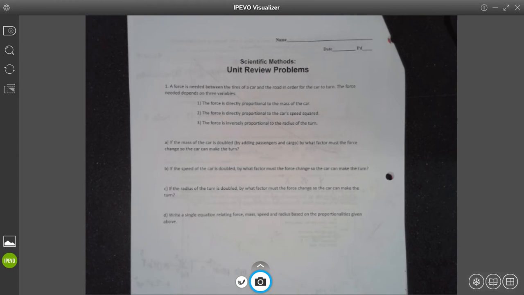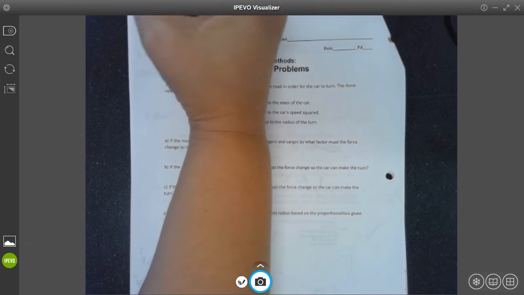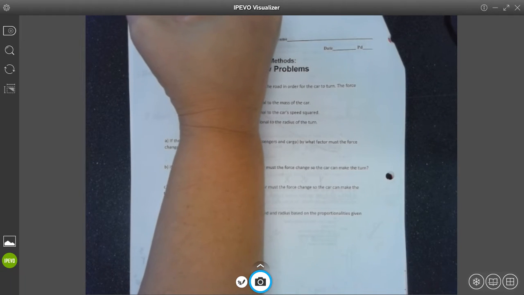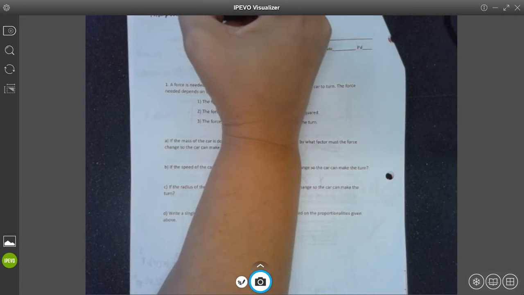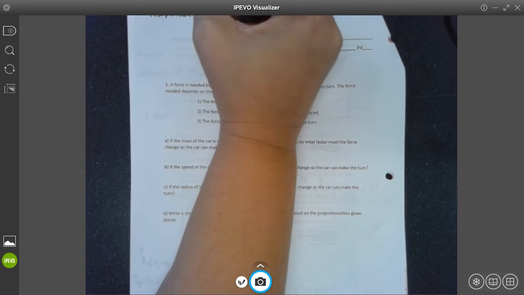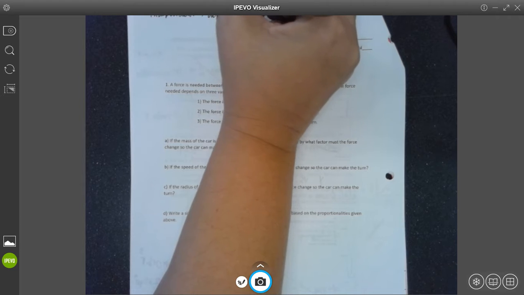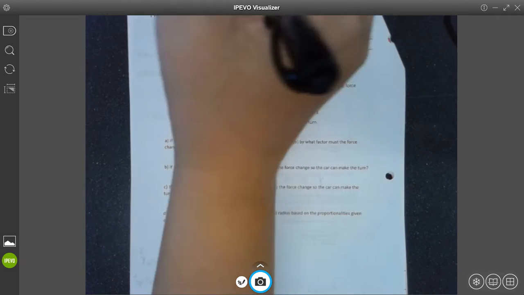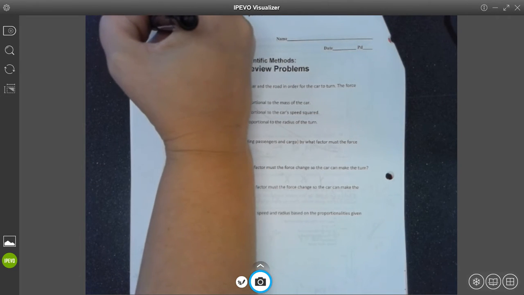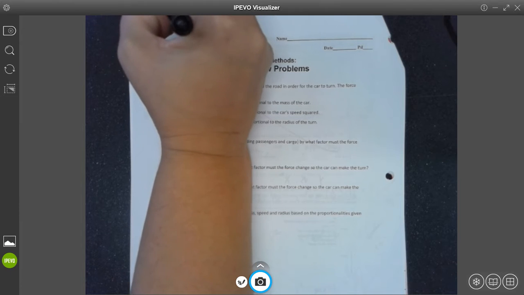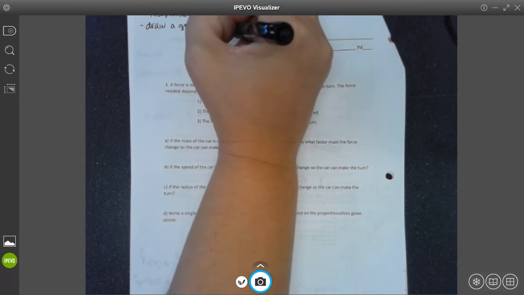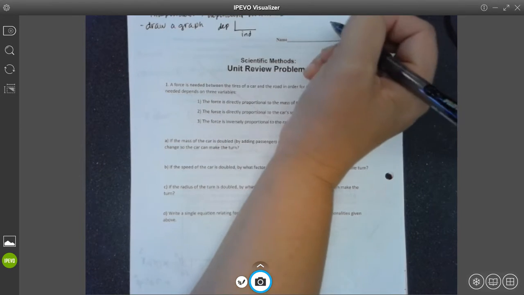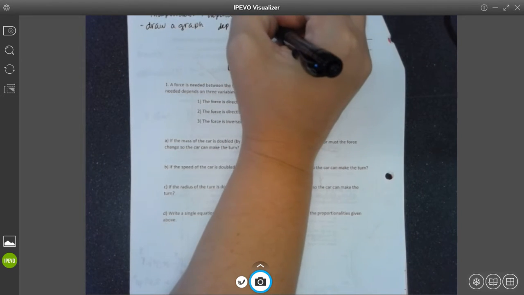You're going to need to be able to identify independent and dependent variables. You're going to need to be able to draw a graph, and your graph is going to have your dependent variable on the y-axis and your independent variable on the x-axis with units.